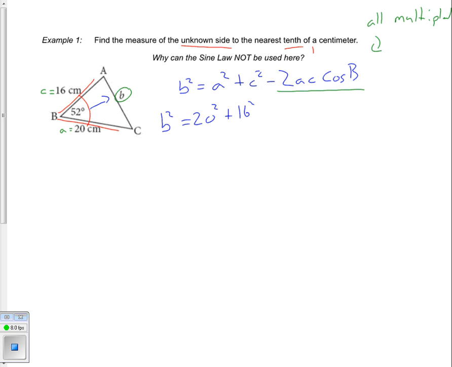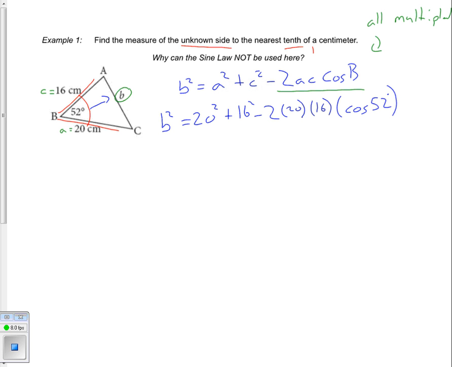Then we have minus 2 times A, so A is 20, times C, which is 16, times the cos of angle B, and angle B is 52 degrees.